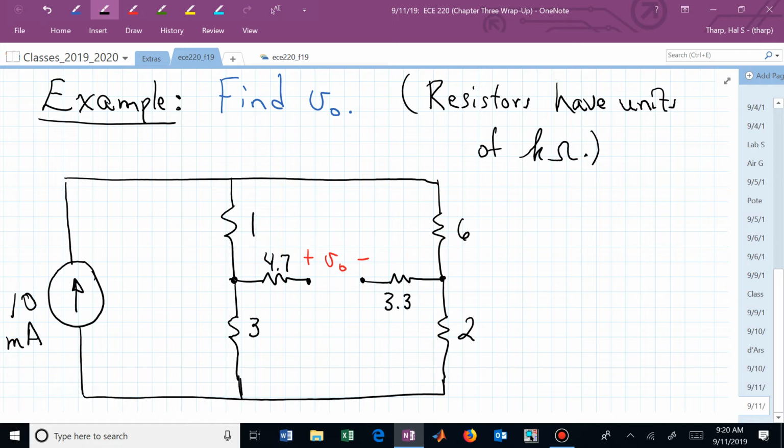Well, this is a good question, isn't it? If we want V sub 0, do you see that that's equivalent to the voltage dropped across those two terminals? V sub 0 is the same here in blue as it is in red. That's the same potential.